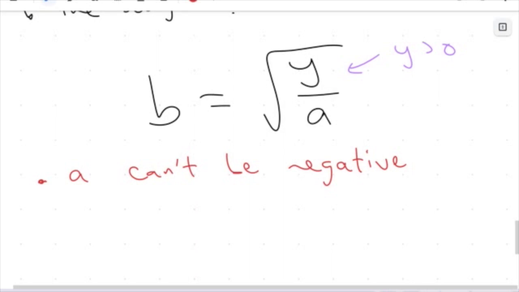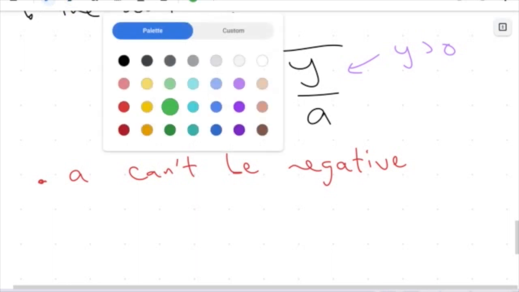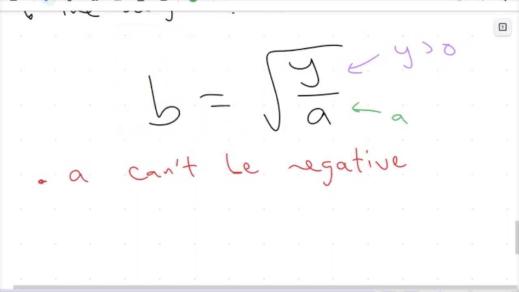Can a be 0? What happens if a equals 0? Well, if a equals 0 and y is a number greater than 0, that's going to be some number getting divided by 0. Can we actually divide by 0? Well, no. Once again, you're going to get a math error if you do this in your calculator.